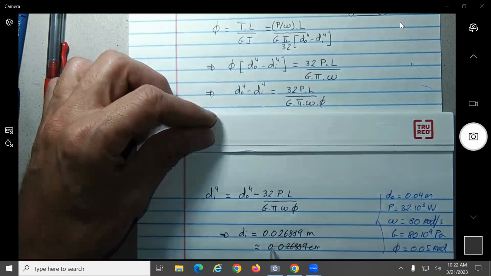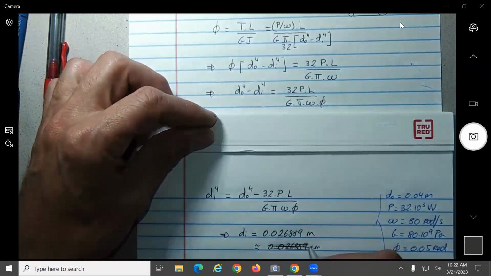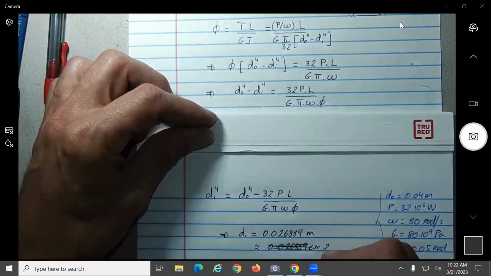I'm rewriting the same thing, sorry. I wanted to write over here. This will be approximately 26.889 centimeters.